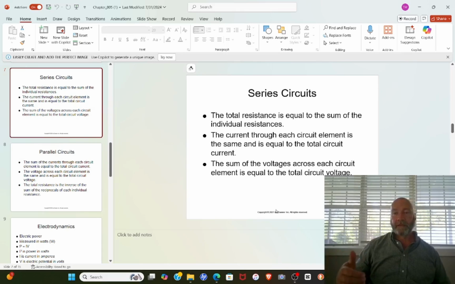Think Christmas lights. Each one of those lights is what we refer to as a resistor. For the electricity to go to the second light, it's got to go through the first light. To get to the third light, it's got to go through the first and second, and so forth. So in series circuits, the flow of electricity through one portion is sequential.